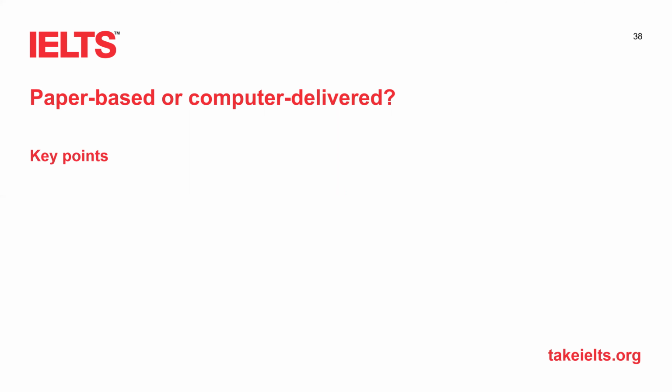But just some key points. There's no difference in the actual content of the test. The content of the test is exactly the same. The only difference is how you basically input your answers.